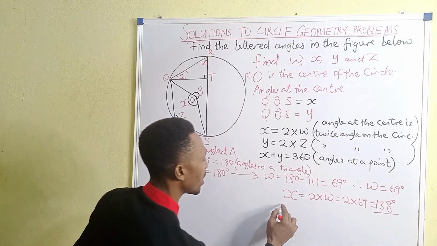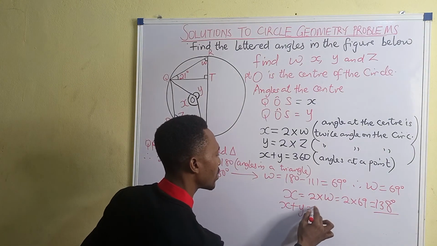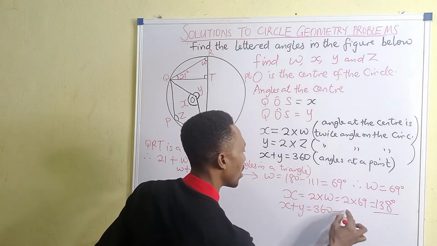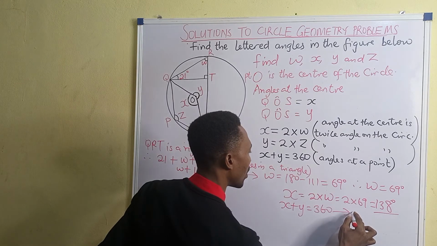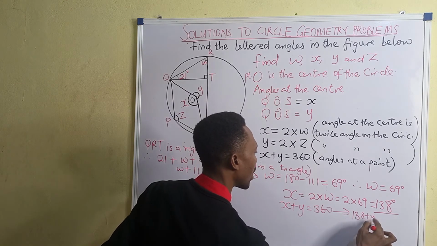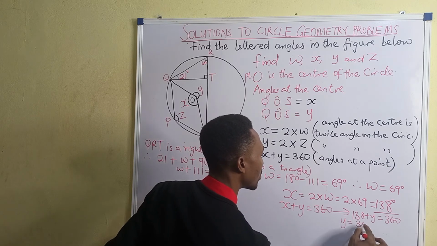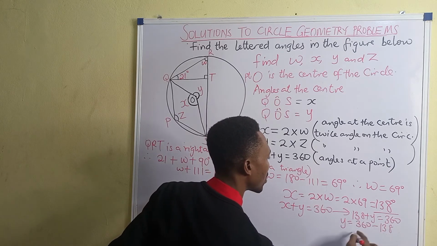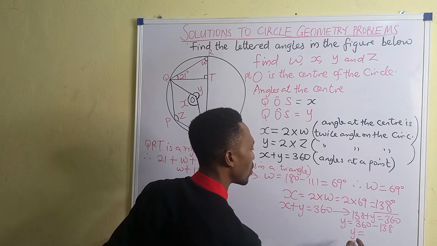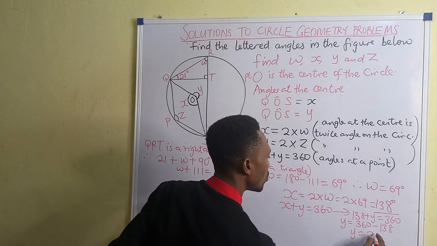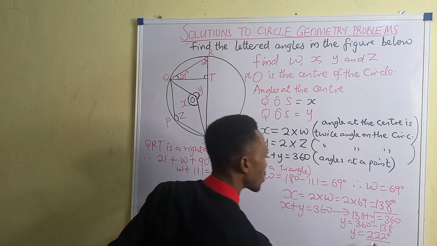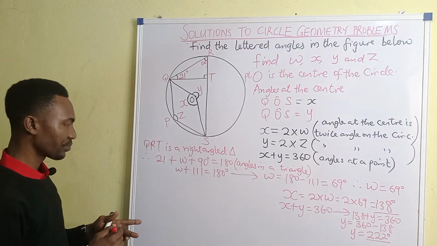So we can just say here that X plus Y is 360. So we have 138 plus Y is 360. So Y is 360 minus 138. Y is equal to 222 degrees.